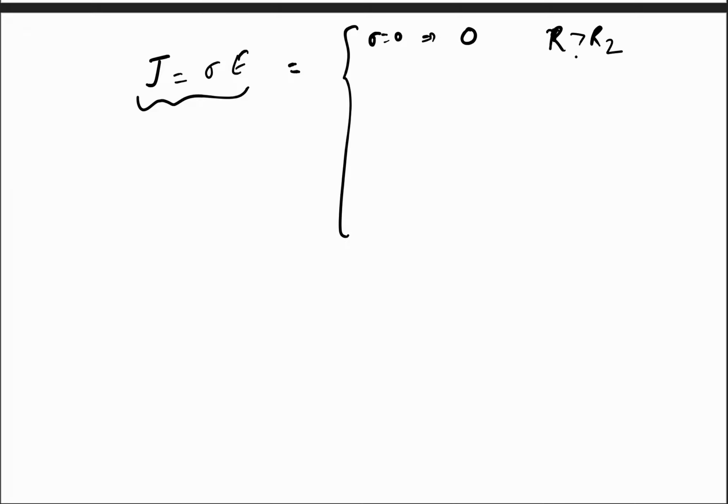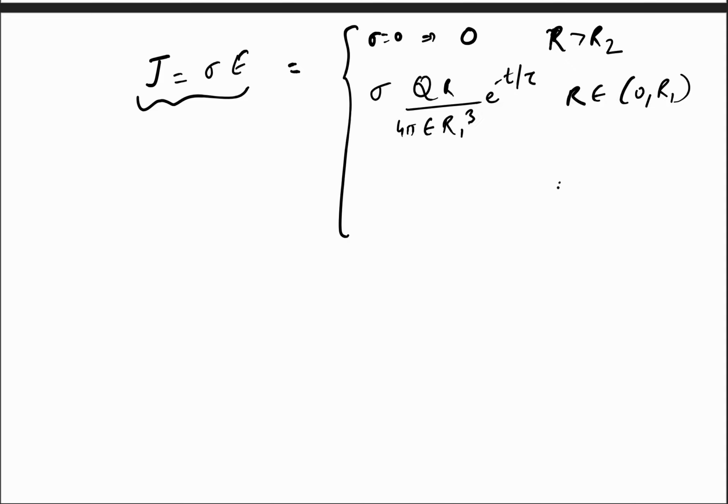Now for air, sigma is equal to 0, so the conduction current density is equal to 0 for R greater than R2, and for R belonging to 0 to R1, that is inside this charged portion of the sphere, not shell, it is simply sigma Q r over 4 pi epsilon r1 cube e to the minus t by tau.